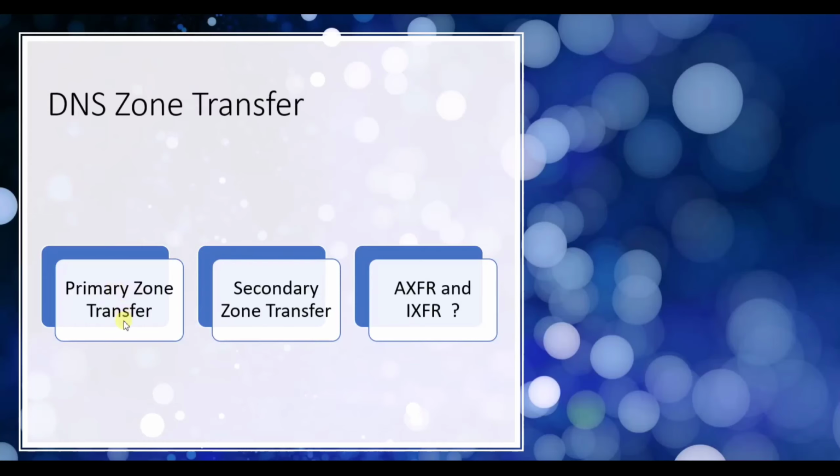And then we also have two things, that is AXFR and IXFR. AXFR is basically a full zone transfer, and IXFR is an incremental zone transfer. The full zone transfer mechanism helps to transfer the entire zone information, whereas the incremental zone transfer helps to transfer only the changed portion of a zone.